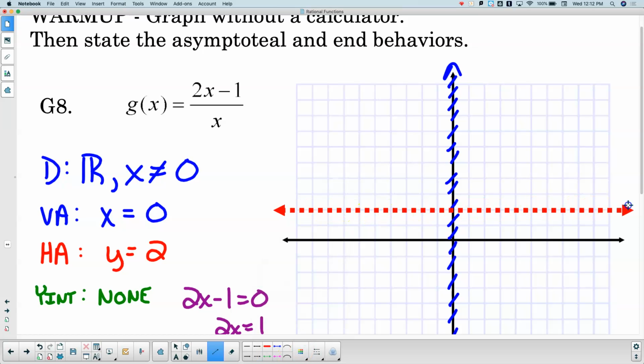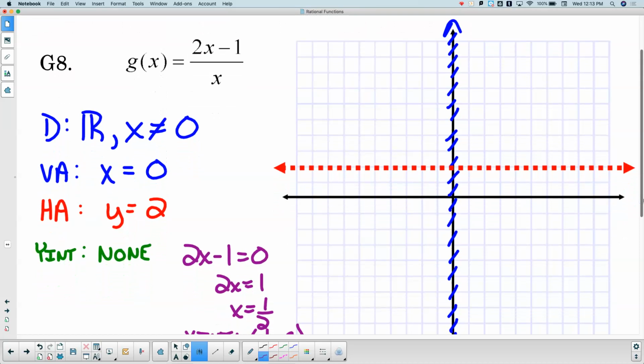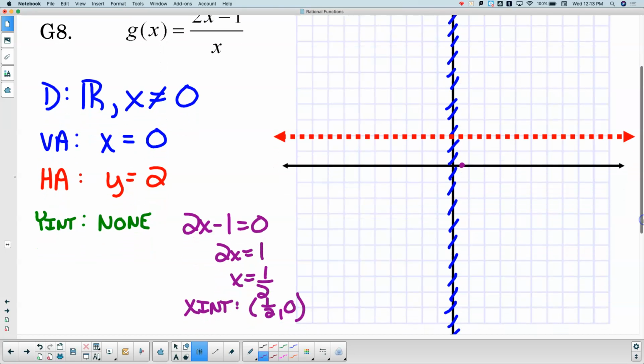It's here. I don't have a y-intercept, but I have an x-intercept at 1/2, comma 0.